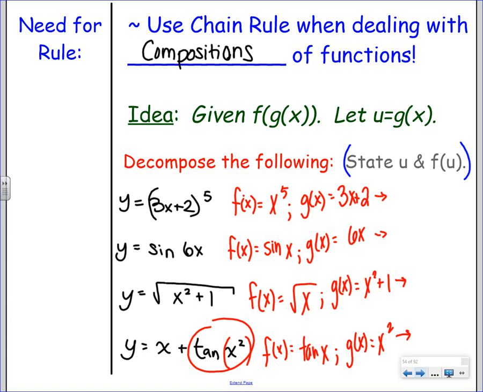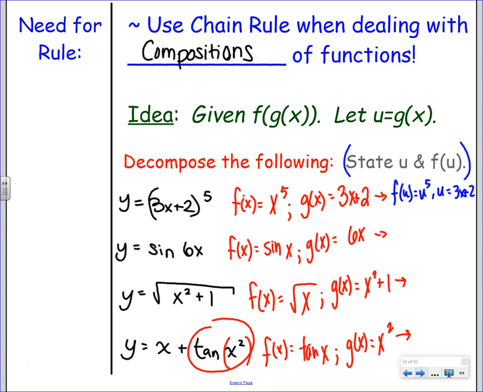In that, you could say f of u is u to the fifth, and u is 3x plus 2. Does that make sense how this is really saying the same thing as that? This one's saying u is the inner, and f is the inner to the fifth power. Just a different way of writing it.